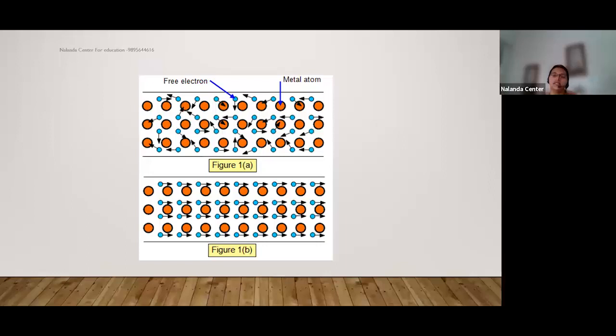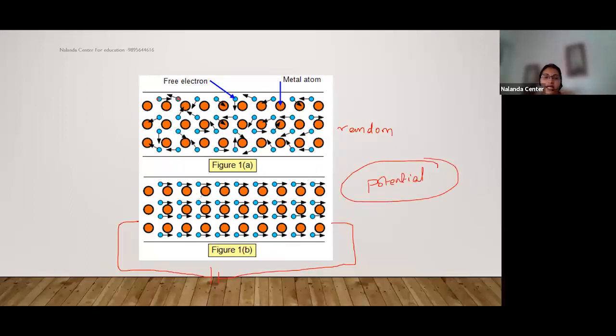All right, see, this is what is going to happen. In a metal, there are a lot of free electrons out here. The free electrons are going to be in total random motion. But then when you are applying some kind of cell or battery in this particular area, that is, you are creating a potential, then these electrons are going to flow in a particular direction.